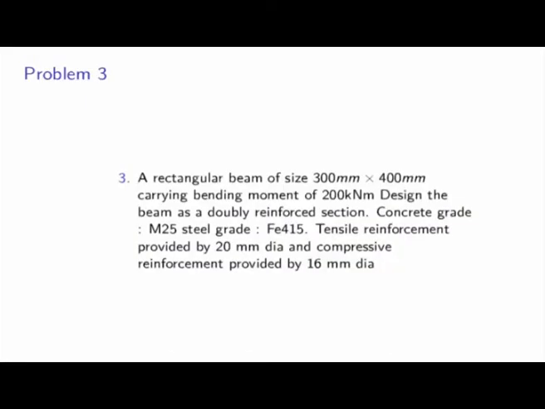A rectangular beam of size 300 millimeter into 400 millimeter carrying bending moment of 200 kilonewton meter. Yesterday at the end of the lecture we have discussed doubly reinforced section. It may be from the architectural point of view, from the client's point of view, or from the practical point of view, that you cannot provide the depth whatever you required.